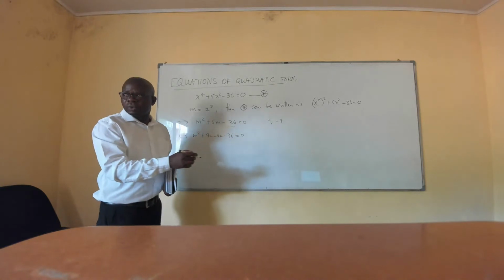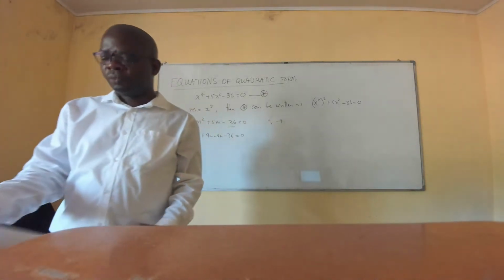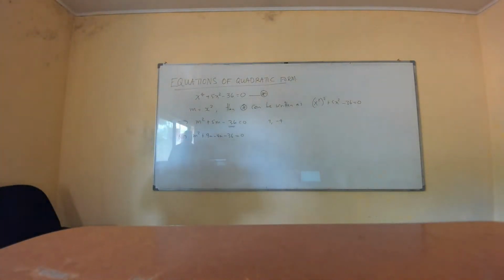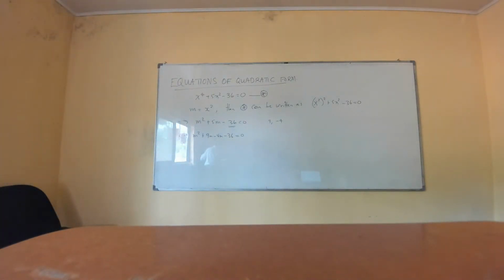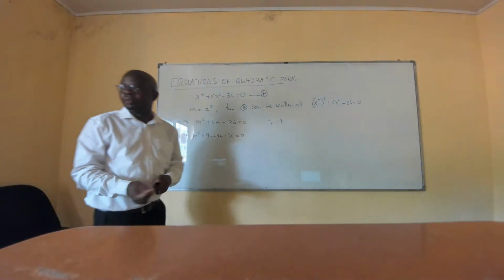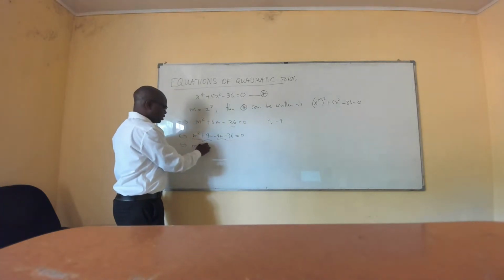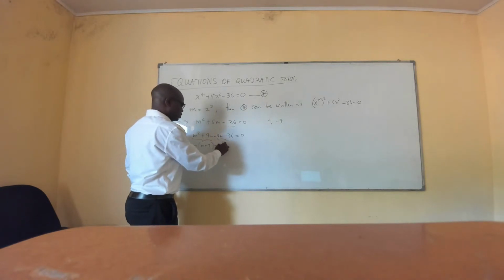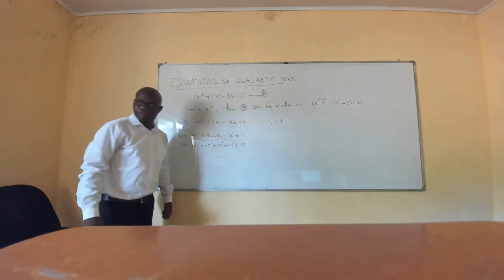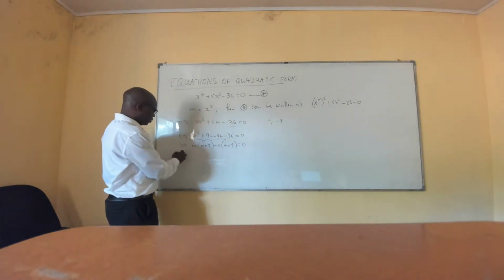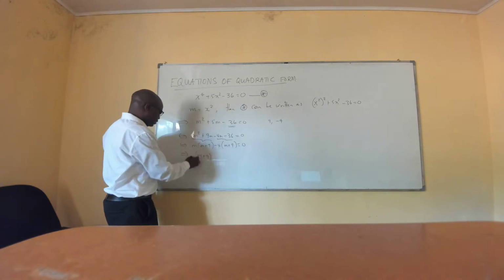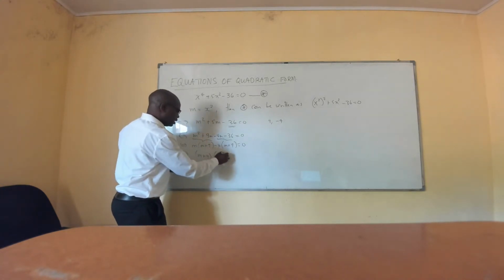So if we now factorize in pairs, we end up having m plus 9 into m minus 4 equals 0.